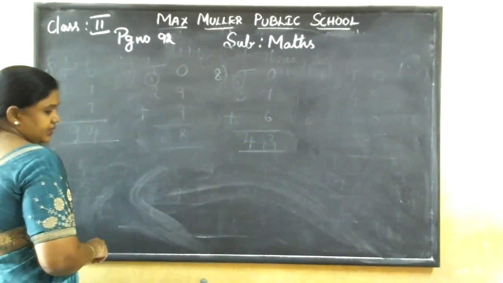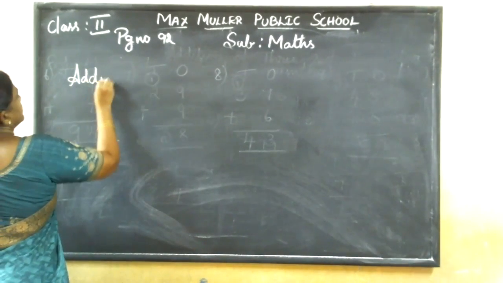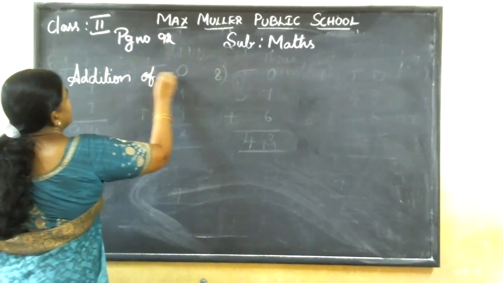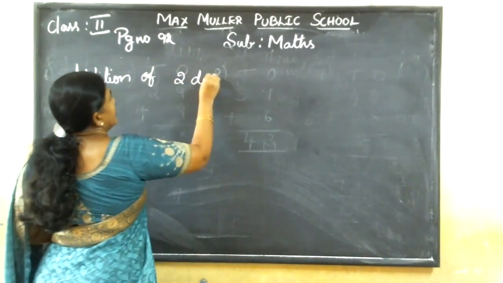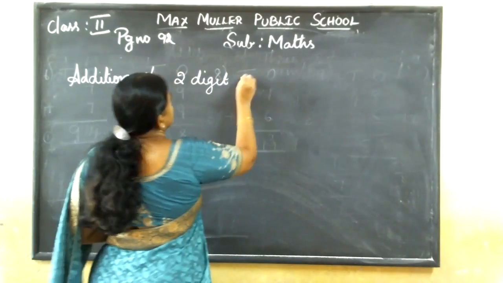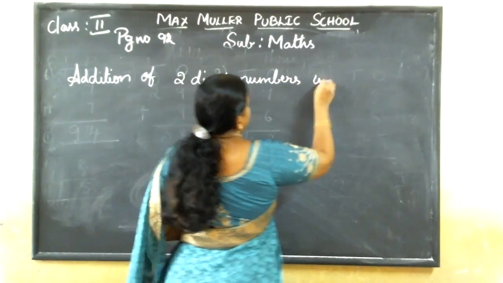Addition of 2-digit numbers with carrying.